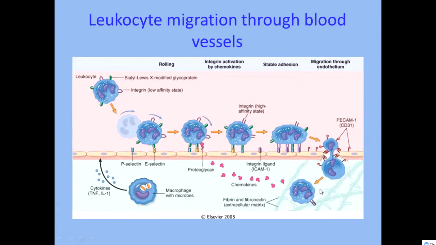So these chemokines will attract the neutrophils to the site of injury. And the extracellular matrix is made up of fibrin, fibronectin, and even macrophages are attracted the same way. Cytokines like tumor necrosis factor and interleukin-1, secreted by the endothelial cell, will cause attraction of the neutrophils and the macrophages to the site of injury.